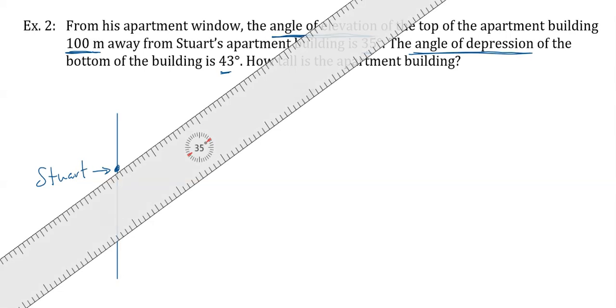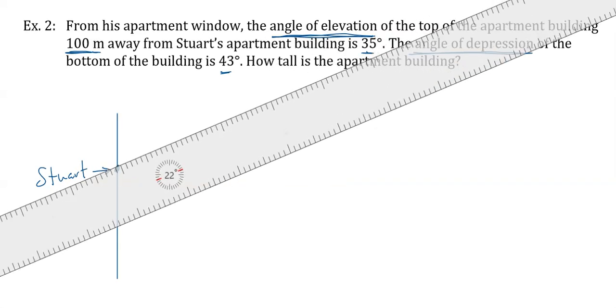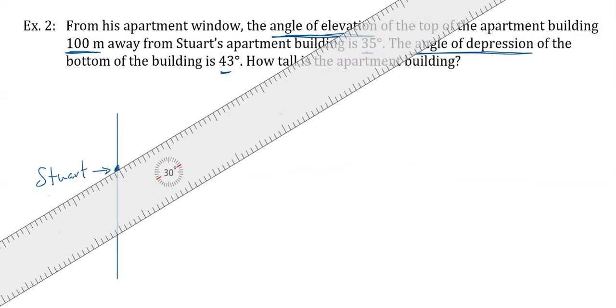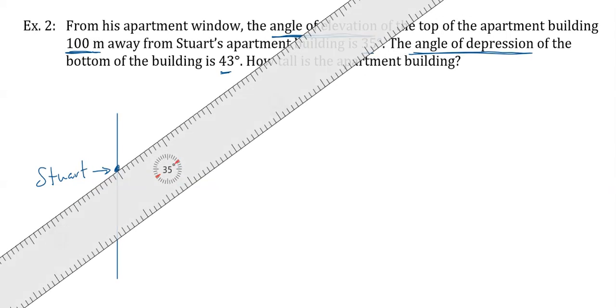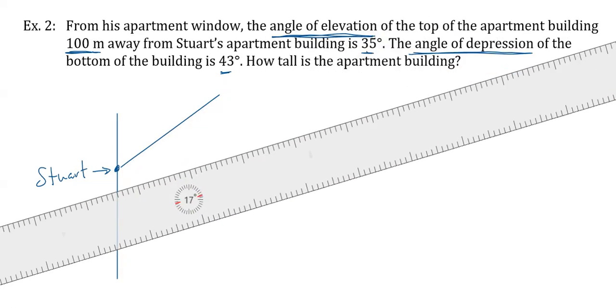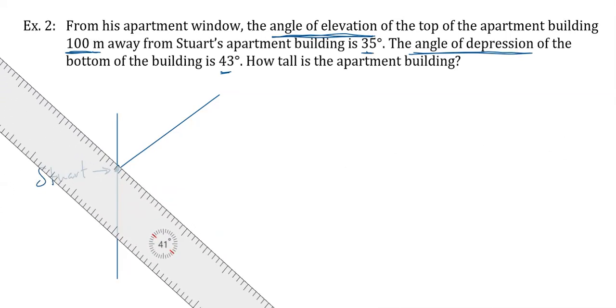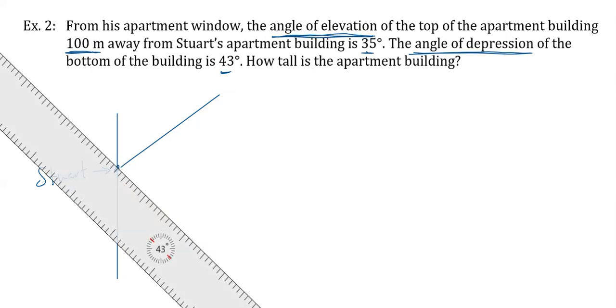Again, you don't have to be super accurate with this. Don't worry too much about that. Actually, it's going to be more. 35. And then the angle to the bottom is going to be 43. And this is the other building.